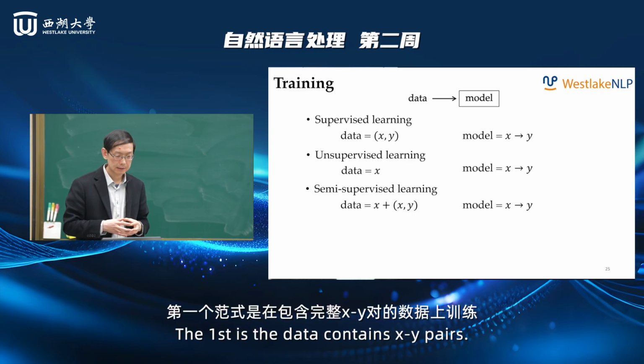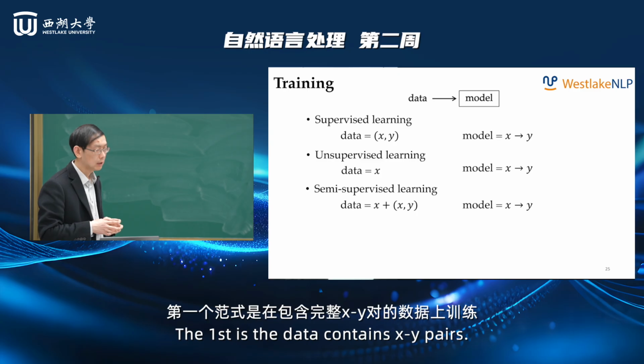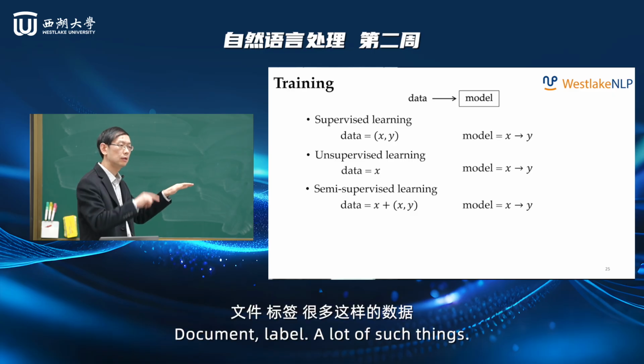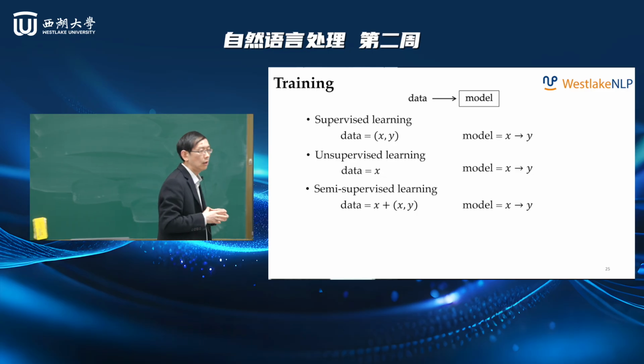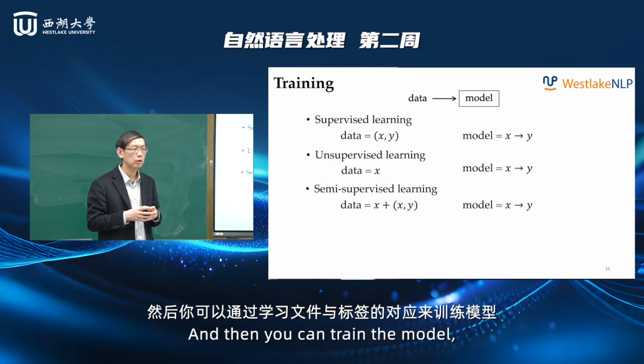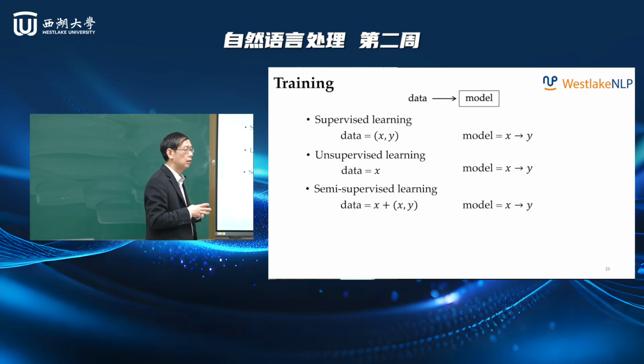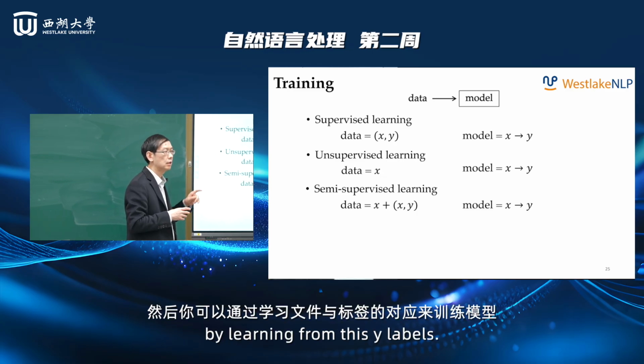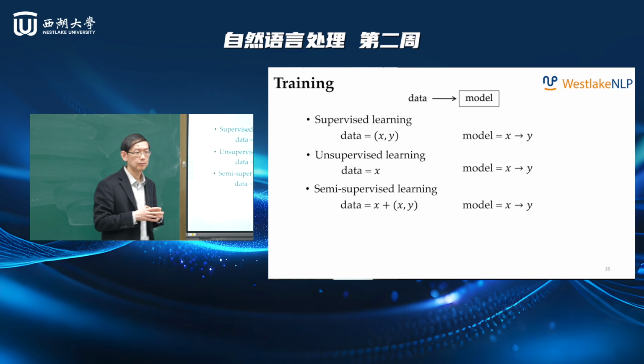The first is that the data contains x, y pairs. Okay? Document, label. Document, label, a lot of such things. Then you can train the model by learning from these y labels, right?